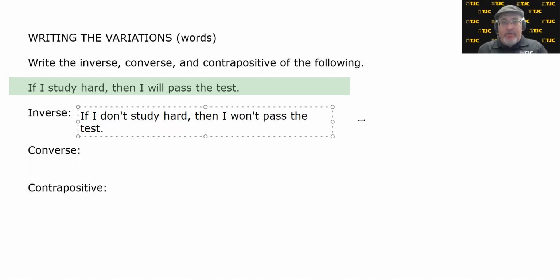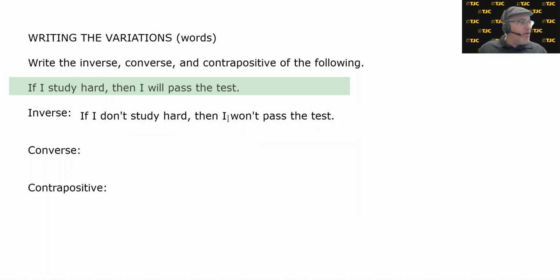Now, let's assume the original that's highlighted green is true. Must the second one also be true? If you don't study hard, is it a guarantee you won't pass? Not necessarily, you might cheat off somebody. Converse. For the converse, we don't negate anything, but we switch the order.